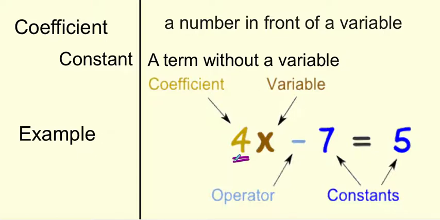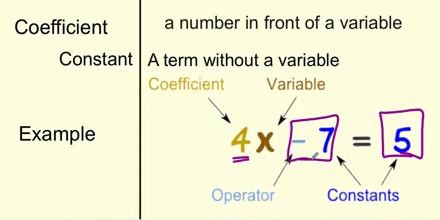My constants are the numbers that have no variables. The 5 and the negative 7. Often people wonder and ask in class, is that a positive 7 or a negative 7? So I remind them to go back to when we were doing our integer work and we had to add the opposite, because if we added the opposite, that would give us our negative 7.